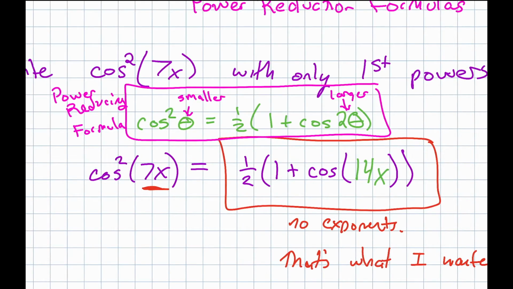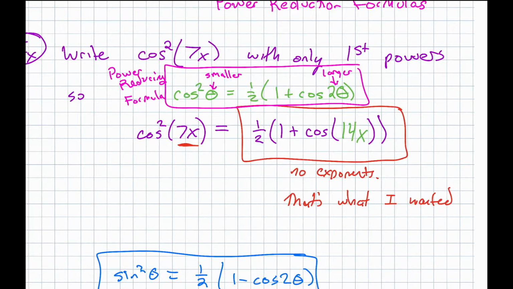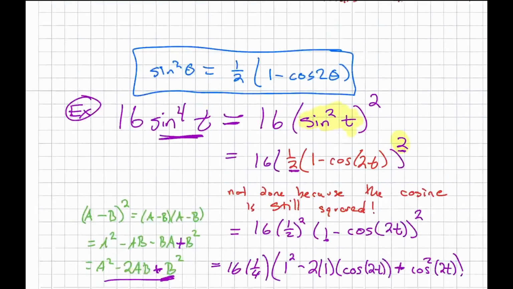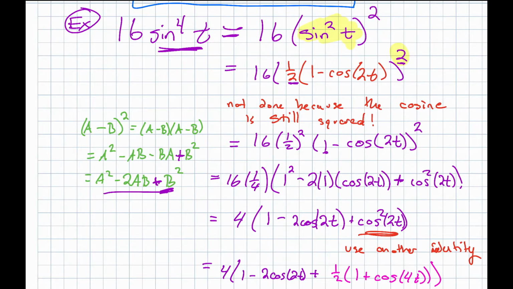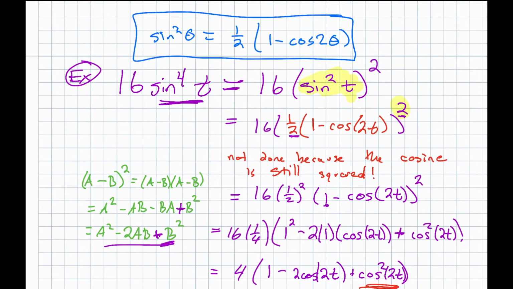Now that was just a simple example. The book questions are a little bit harder, so we're going to look at some book questions. Let's go ahead and do that. Here's one straight from the homework. It's the same type of problem, but they gave me 16 sine to the 4th t.